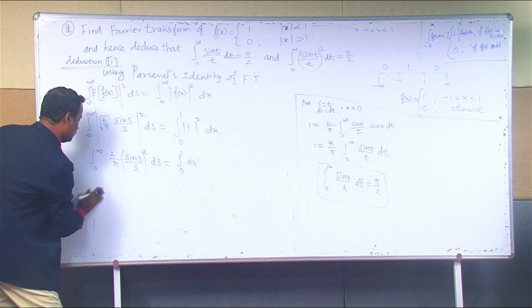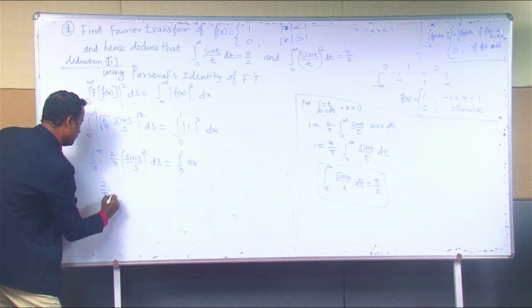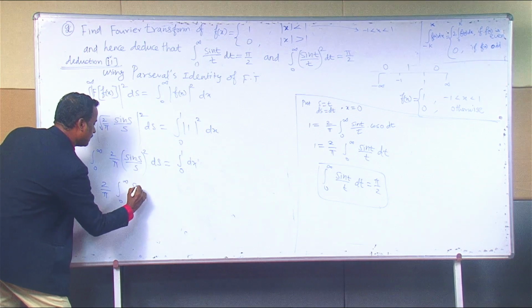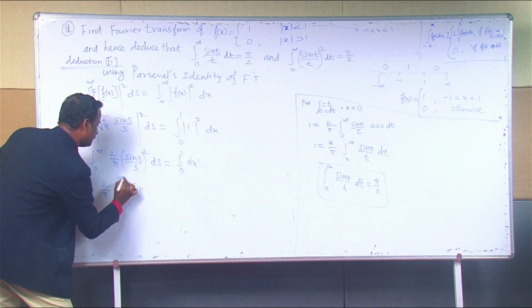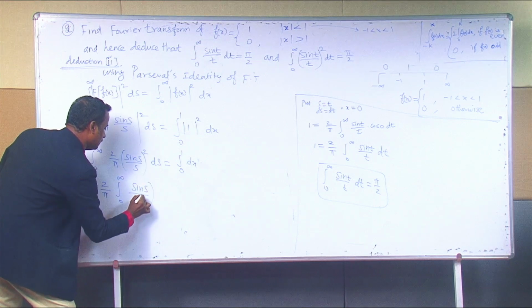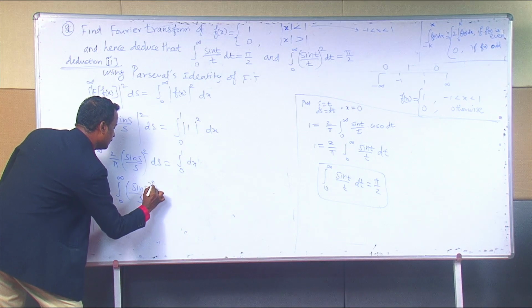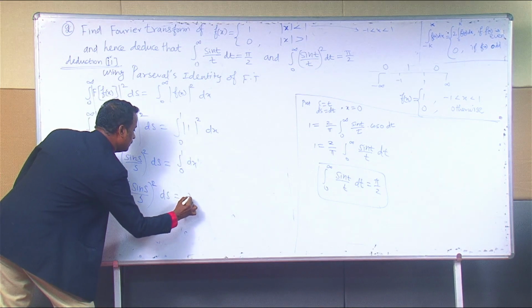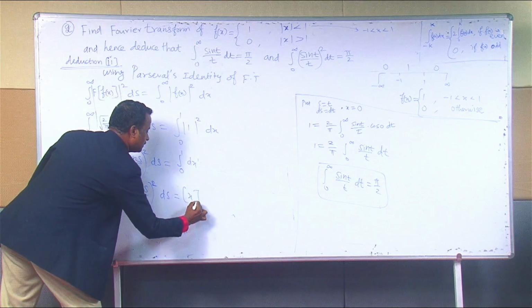So what do you get? 2 by pi into integral 0 to infinity sin s by s the whole square ds, which is equal to, what's the integral dx? x from 0 to 1.